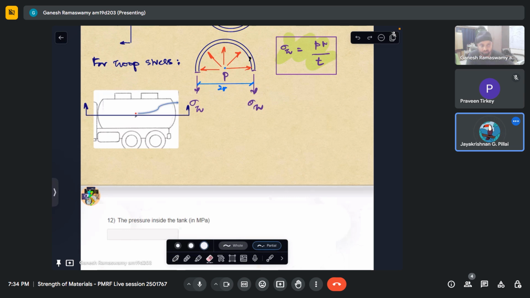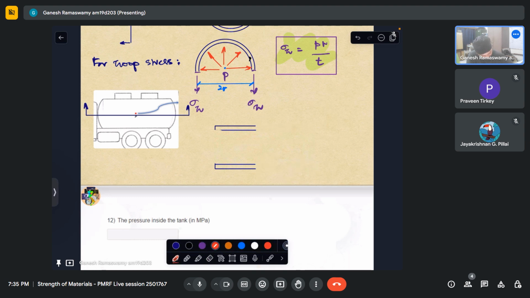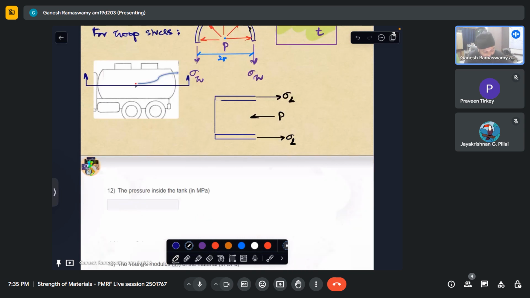All right. So let me take a section like this. I'm not worried about that part. So here I have the longitudinal stresses and I have the pressure applied here. And when I cut this as a section, what I will be seeing is again the circle.